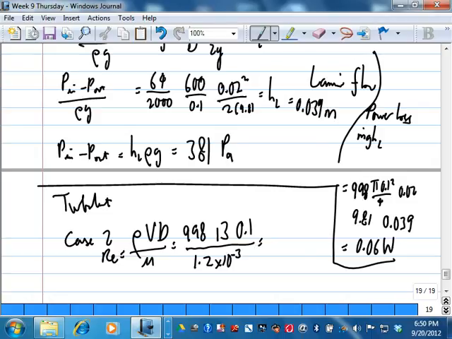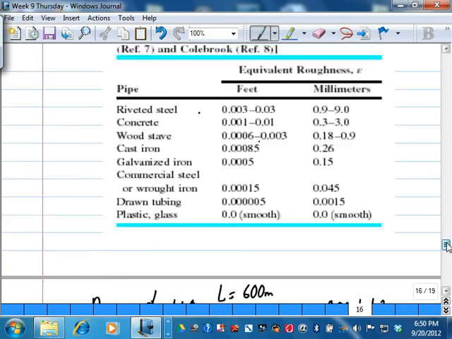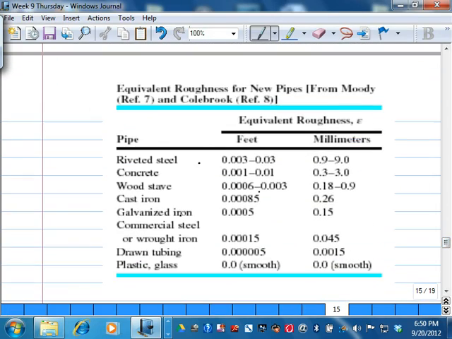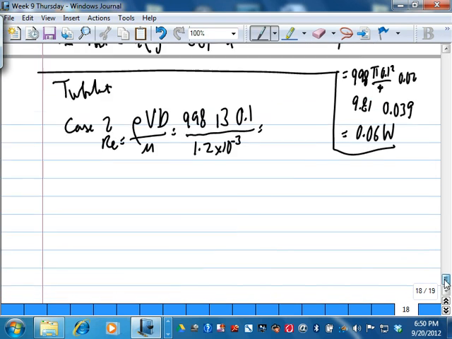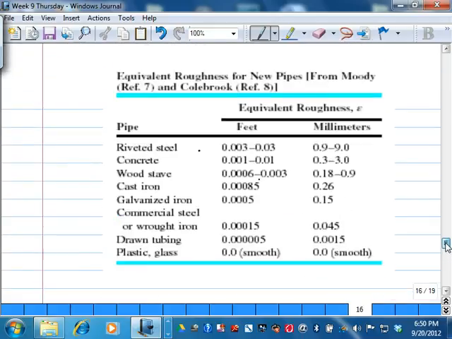Alright. And here I said it's galvanized iron pipe. Sorry, I flipped over to the other page because I don't know what the roughness is. I did it up here. Galvanized iron pipe, the roughness is about 0.15 mm, not 0.015.